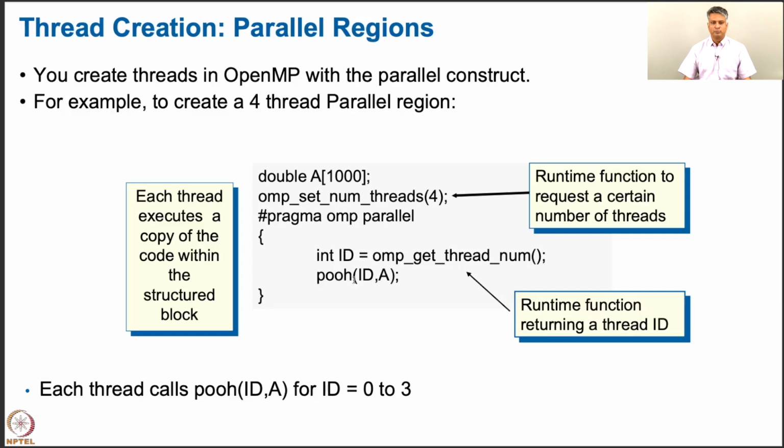And a function called poo is called, which is basically passing the ID and the array A. So for each thread from 0 to 3, because there are 4 threads, the ID numbers would go 0, 1, 2 and 3. That would be passed along with this array A.